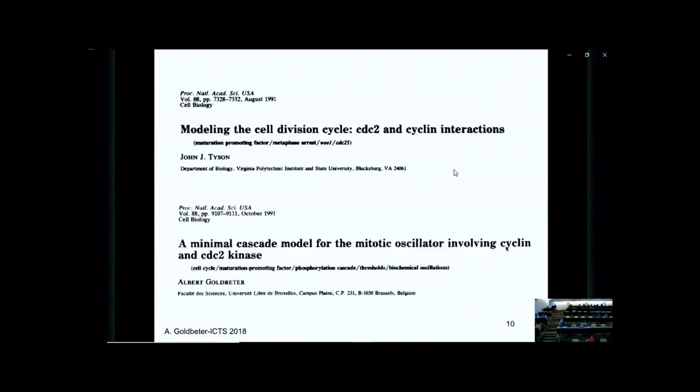And John Tyson, whom I know, of course, very well for a very long time, based his model on positive feedback, while I, as you will see, focused on negative feedback. The model I proposed is called the minimal cascade model for the mitotic oscillator involving cyclin and CDC2 kinase.